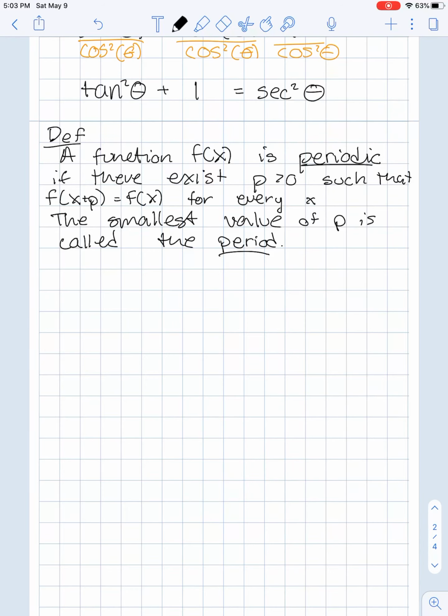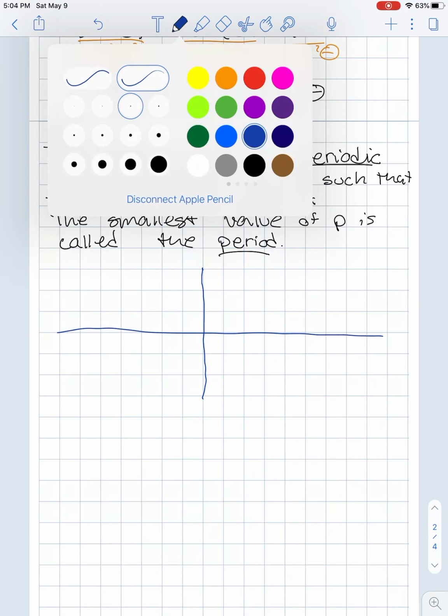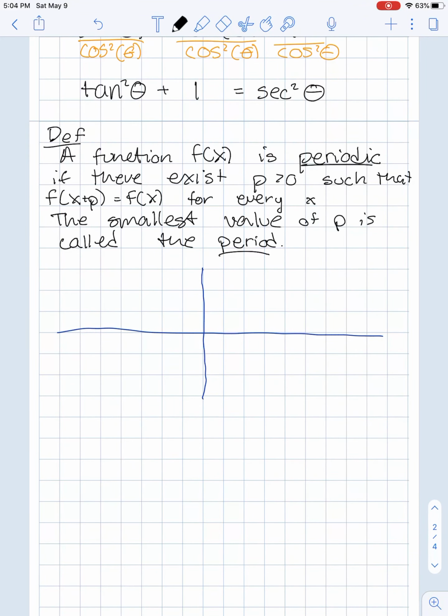So let's draw sine. Sine has, the whole number line is its domain, but its range is actually stuck right in between 1 and -1.